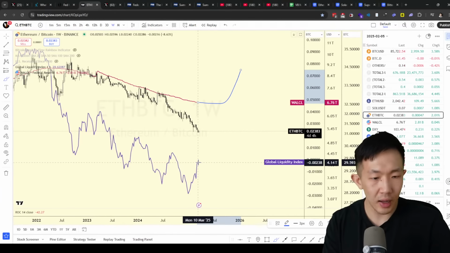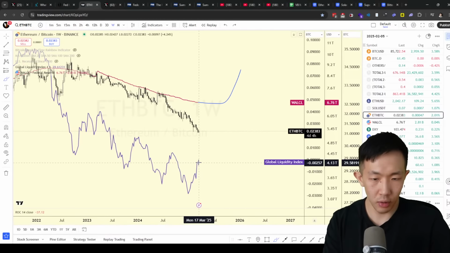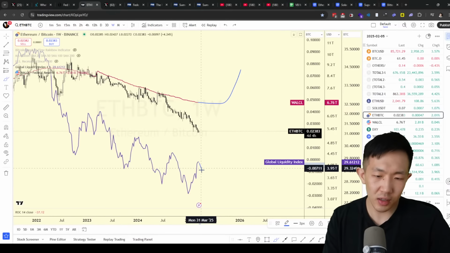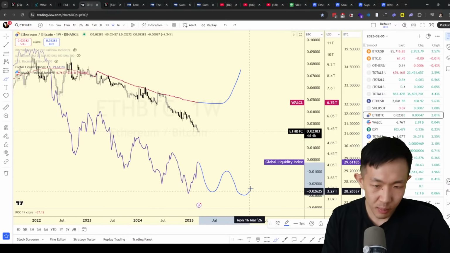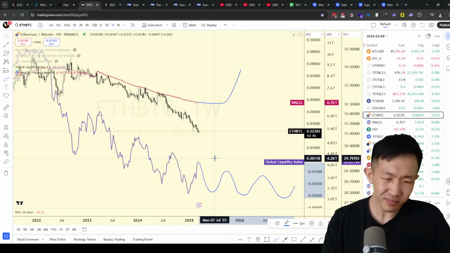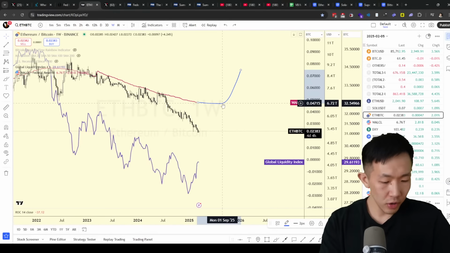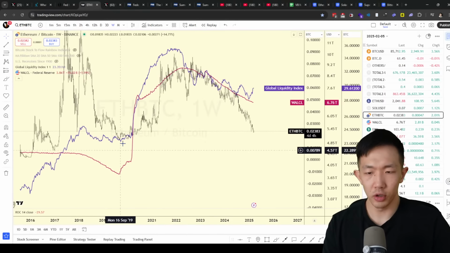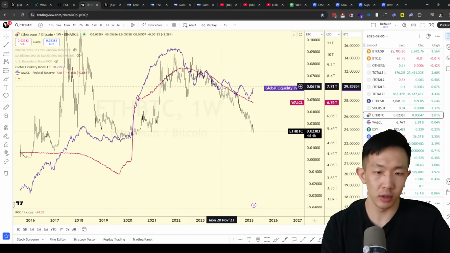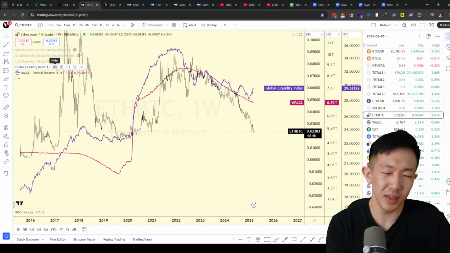We're not going to have the global liquidity index actually make uptrends; it's most likely just going to slow down, but still look something like this, and that's not enough. So that's how you can track it. Two ways: you can track the Fed's balance sheet or you can track the global liquidity, but do not track M2 money supply. That is not meaningful because it always goes up.